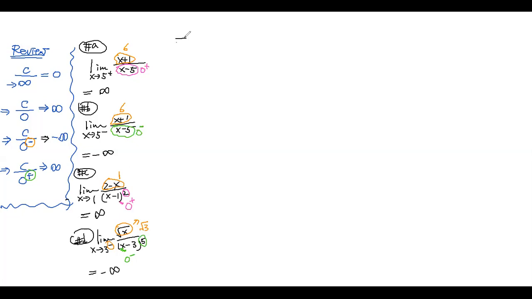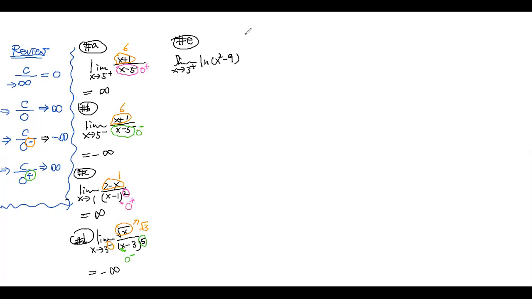All right, now let's take a look at part E here. Part E is the limit as x approaches 3 from the positive side of natural log of x squared minus 9.